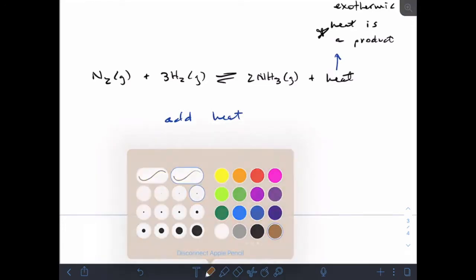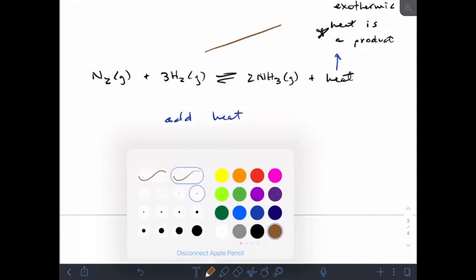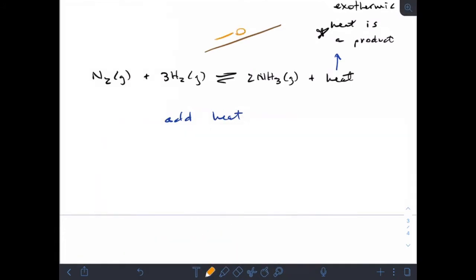That's going to shift my equilibrium. So if I'm pushing up on the product side, that's going to shift my plank up on the right side, and my ball rolls downhill. So exothermic, adding heat, we shift left.